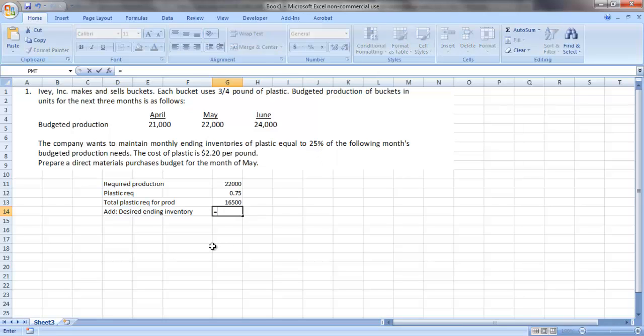So here we can say June production of 24,000 buckets times the 3/4 pound of plastic needed to produce each bucket times our 25% ending inventory requirement means we should have 4,500 pounds of plastic on hand at the end of May. If we add those two previous totals together, our total plastic requirements are 21,000 pounds.